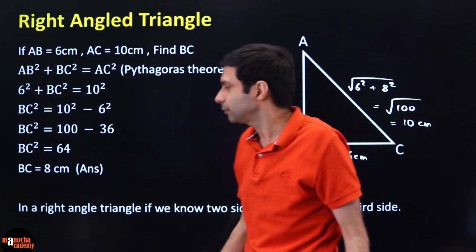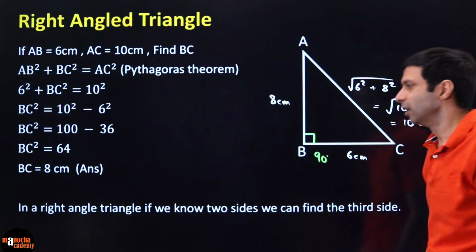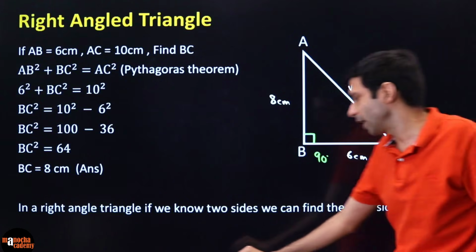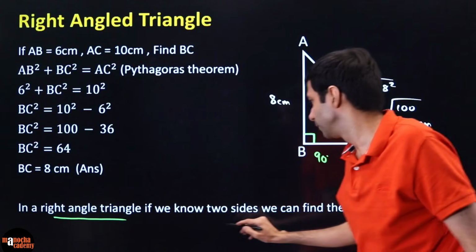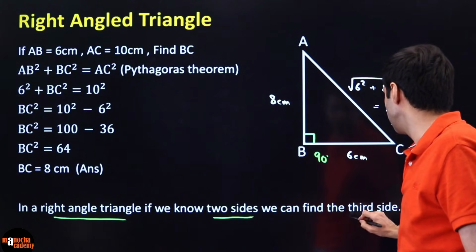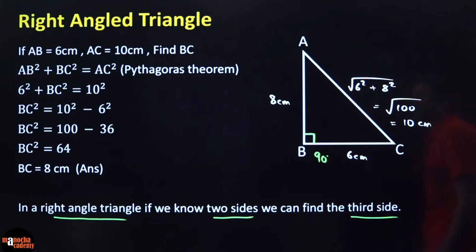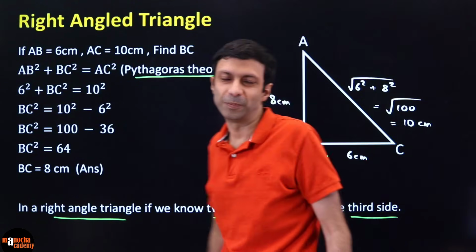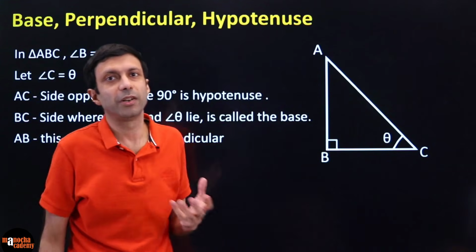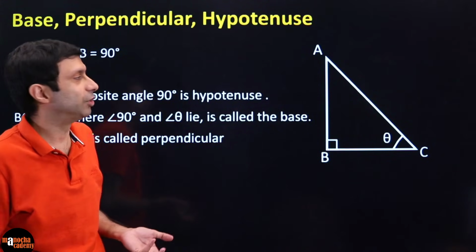Very simple. And that's how you get it. So basically, in a right angle triangle, in summary, if we know two sides, we can easily find the third side using Pythagoras theorem.